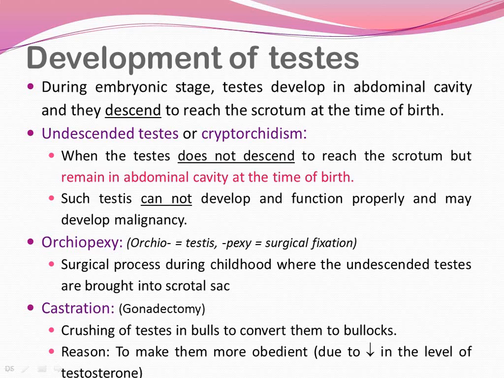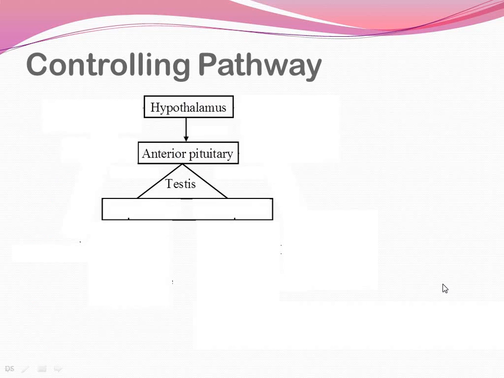You know that vasectomy is a very important method for family planning. This is an overall summary of today's lecture. You know that the hypothalamus releases gonadotropin releasing hormone.